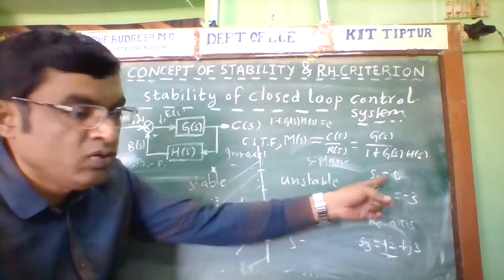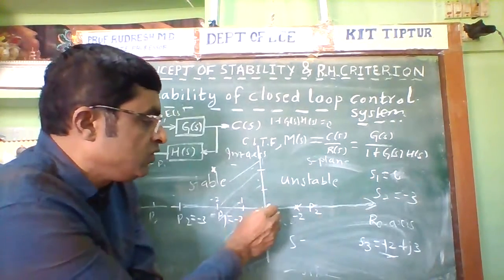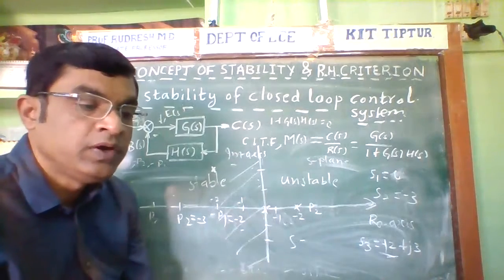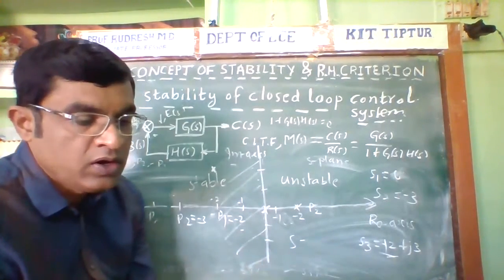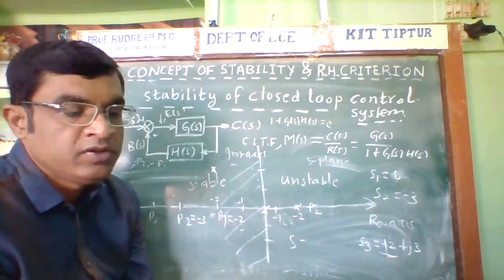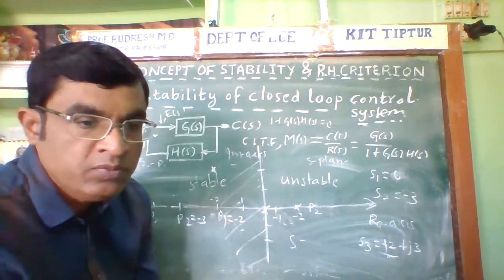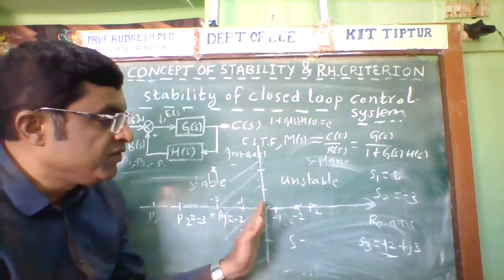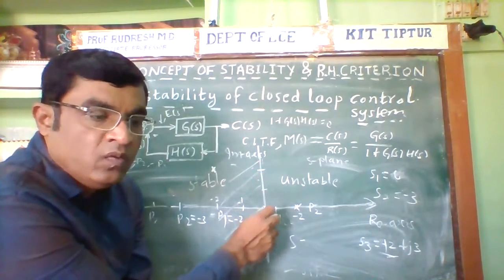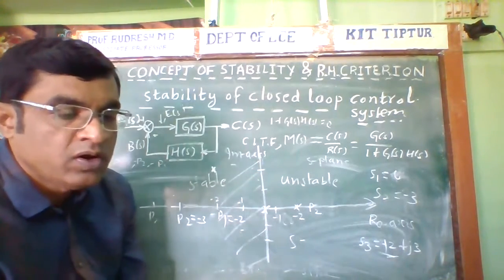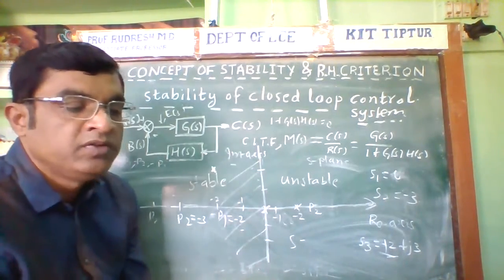Then one of the roots is located at the origin. Such a system is called a limitedly stable system. The control system is said to be limitedly stable if some of the roots are lying on the origin of the S-plane.